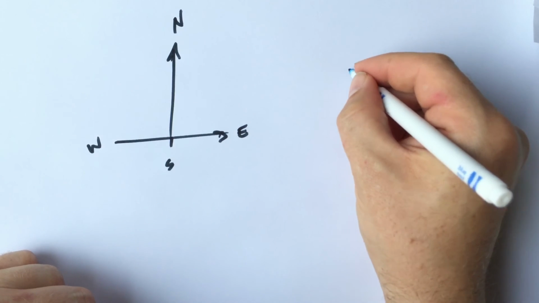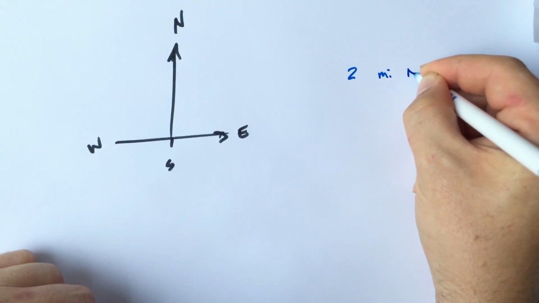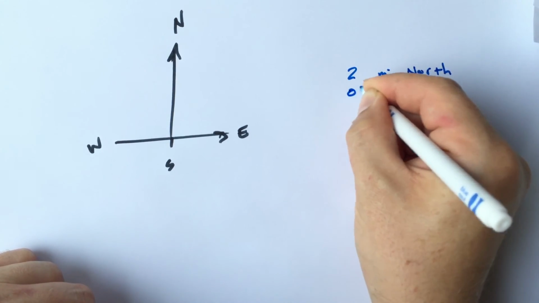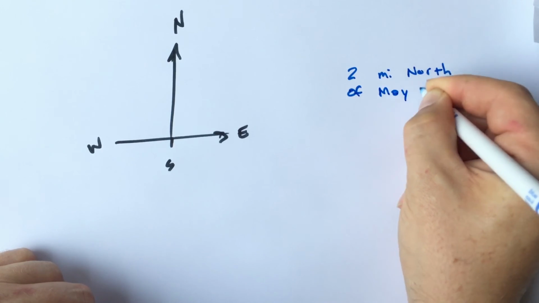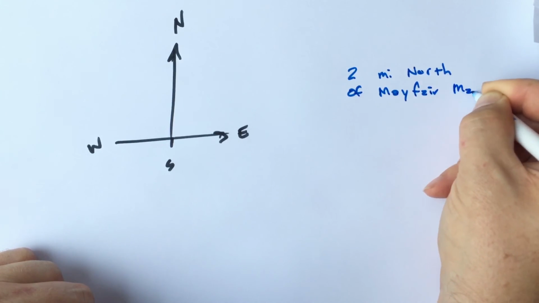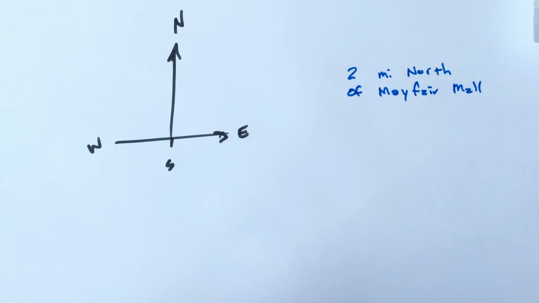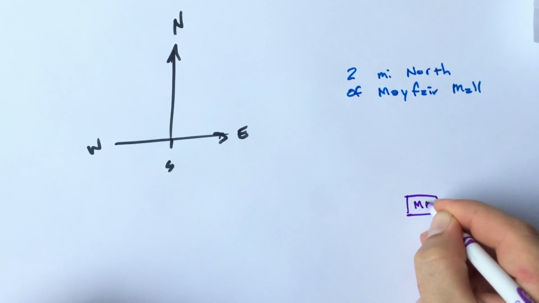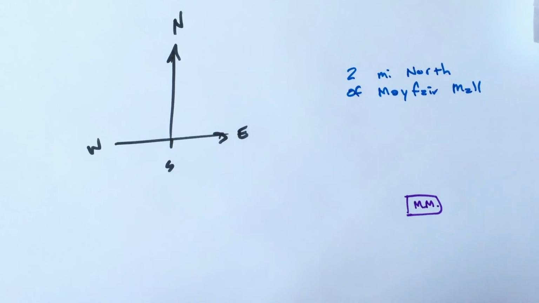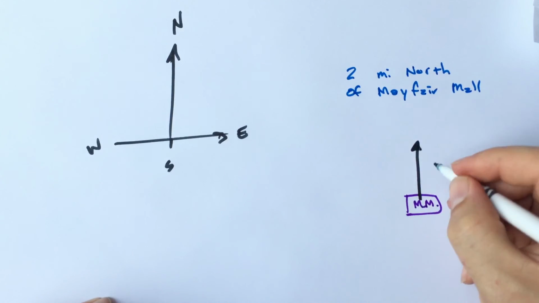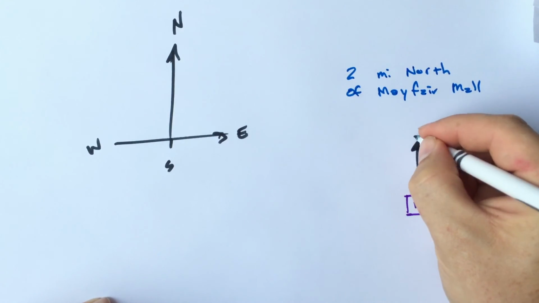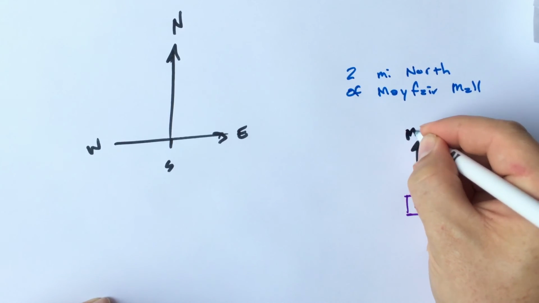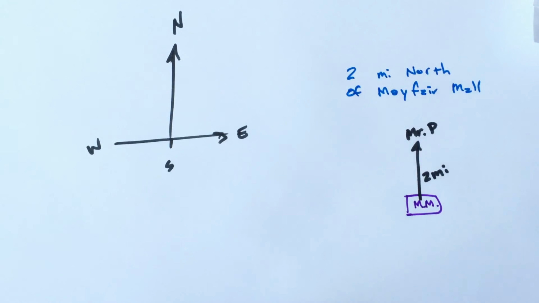And if I was to say that I'm 2 miles north of Mayfair Mall, then you would know that you would start at Mayfair Mall and you would then go 2 miles north of there, and that's where you'd find me, Mr. Putnam.